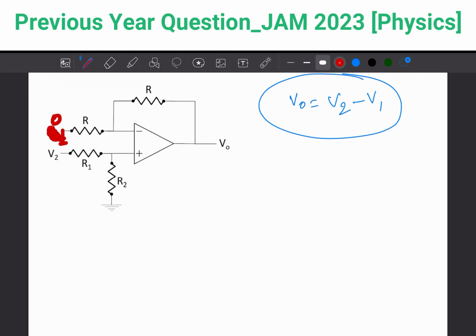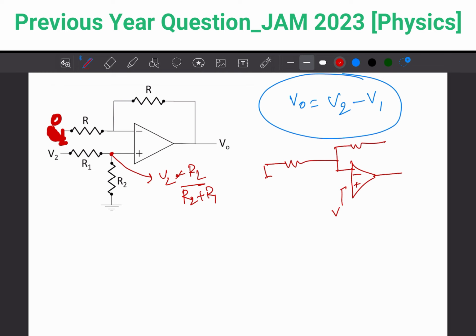Then let's think. That means here the voltage is how much? This voltage will be V2 multiplied by R2 by R2 plus R1. Okay. Now you can consider this circuit as a non-inverting amplifier. We can easily write V0 is equal to 1 plus R2 by R1 multiplied by V, right?